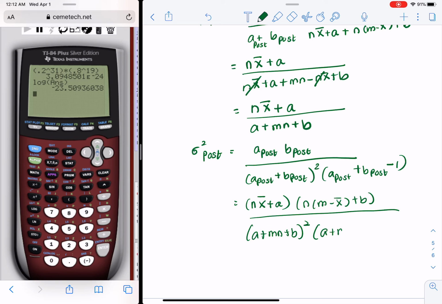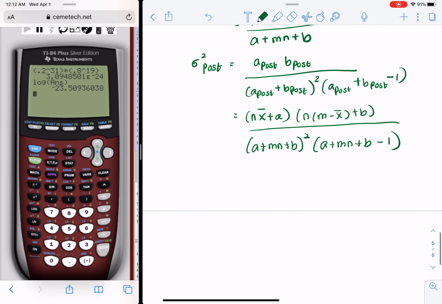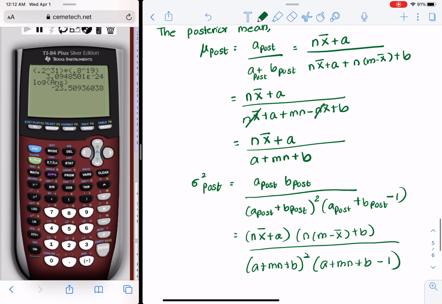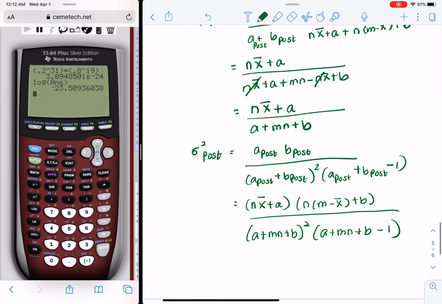We have A plus mn plus B minus 1. So that would be the variance. So we have the mean and we have the variance. Now, if we plug in m equal to 1, we would get the expressions for the binomial experiment. So now we have the posterior mean and the posterior variance and the posterior distribution.